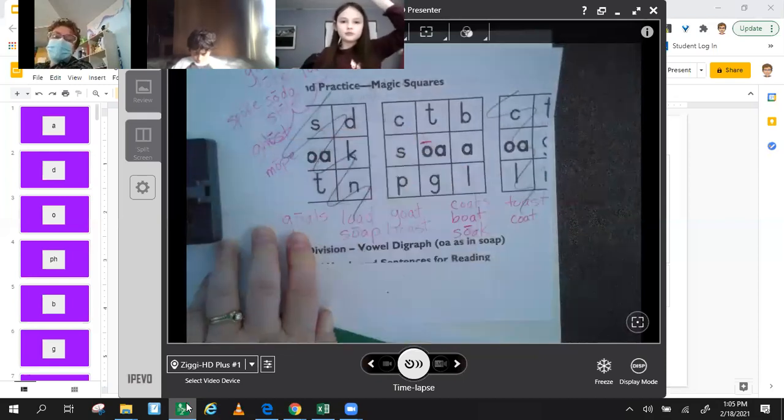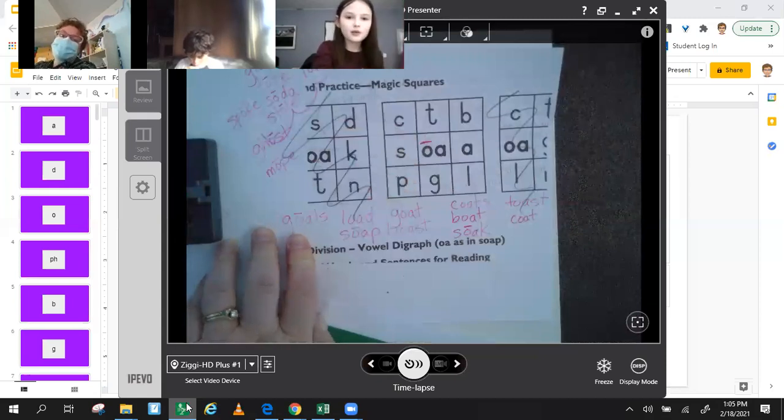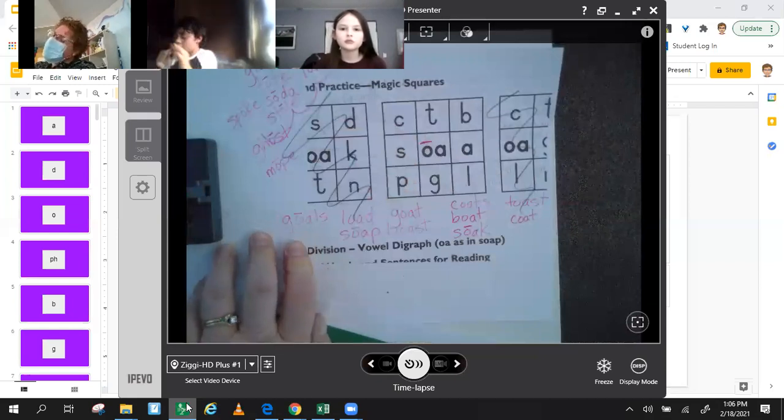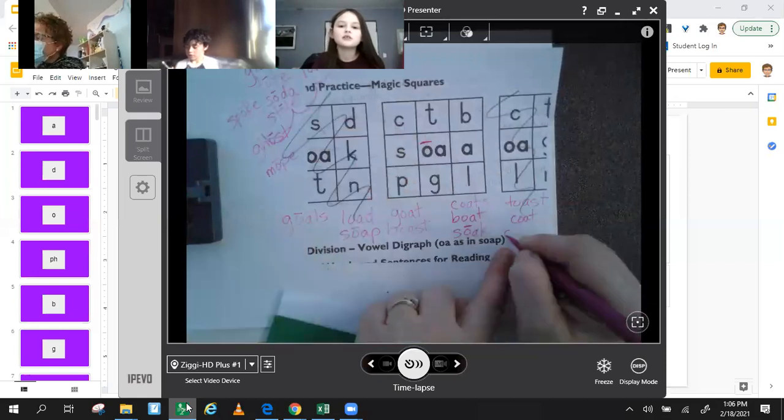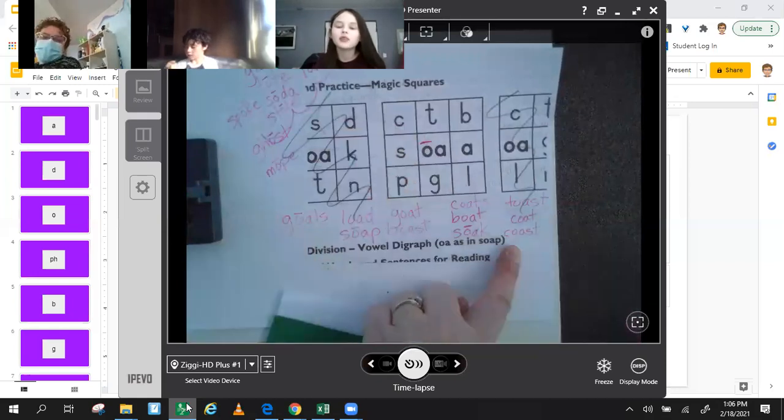Astria. Toast, toast, and toad. All right. So say the first one again. Coast. Like I live on the coast of the United States. That one.